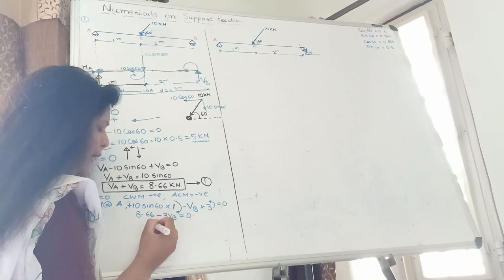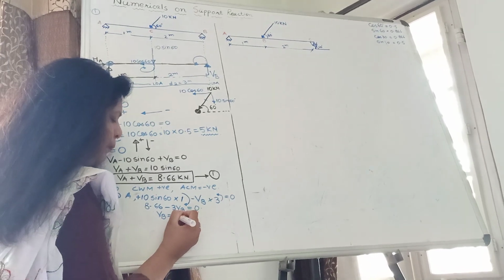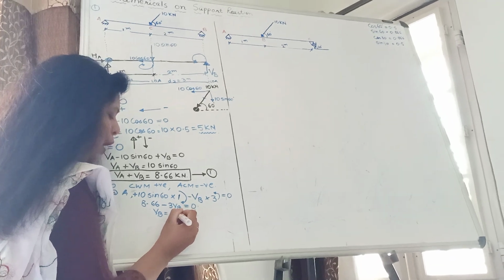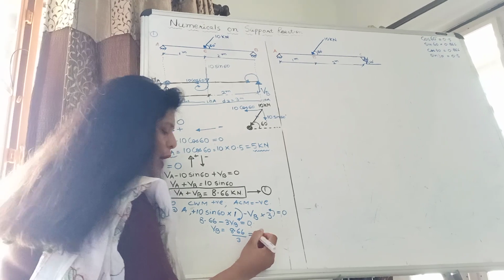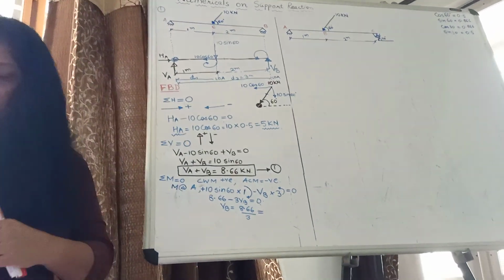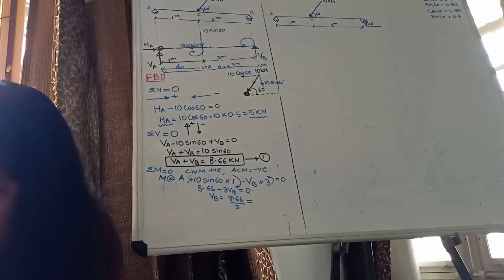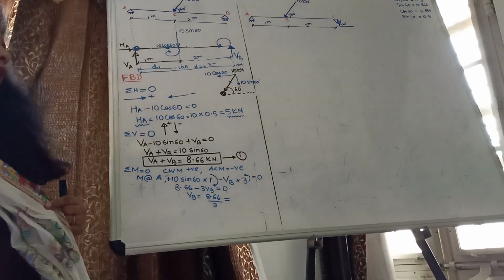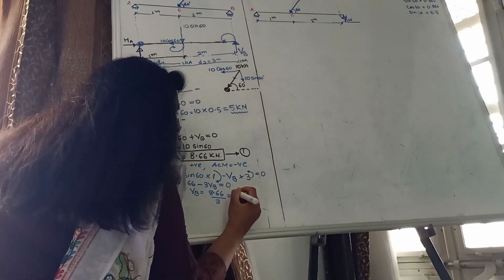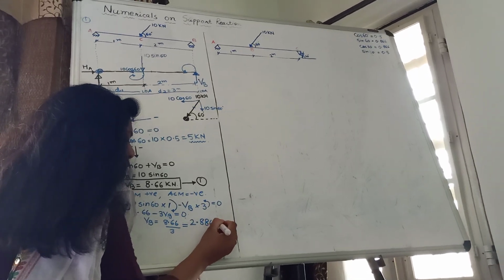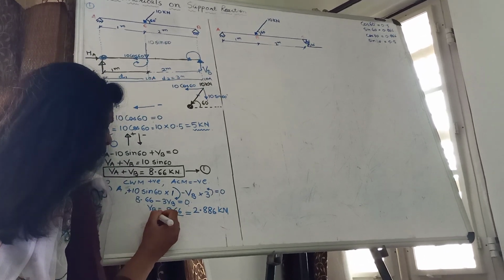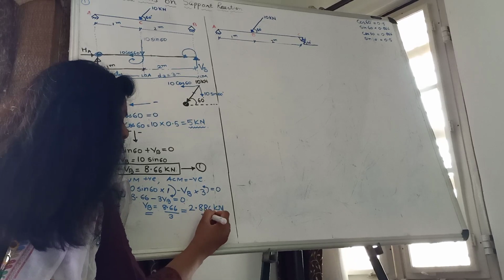So VB is equal to 8.66 divided by 3, which comes out to be approximately 2.886 kilonewton. So we have got the value of VB.